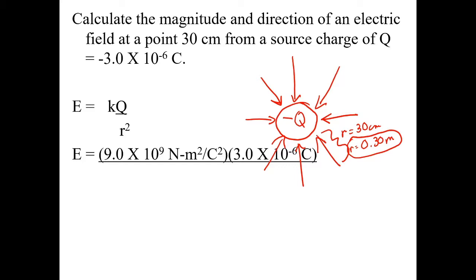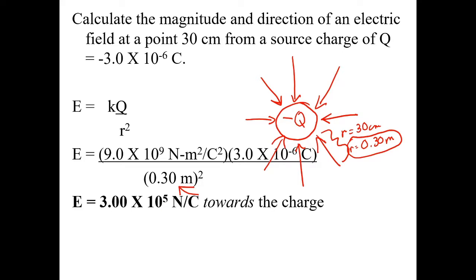In this case, it wasn't a proton or electron. They just told us what the charge was. Don't forget to square the R down the bottom. It's a common mistake. I've made it myself. And notice also that I made it in meters, not centimeters. And we can calculate the value of the electric field.